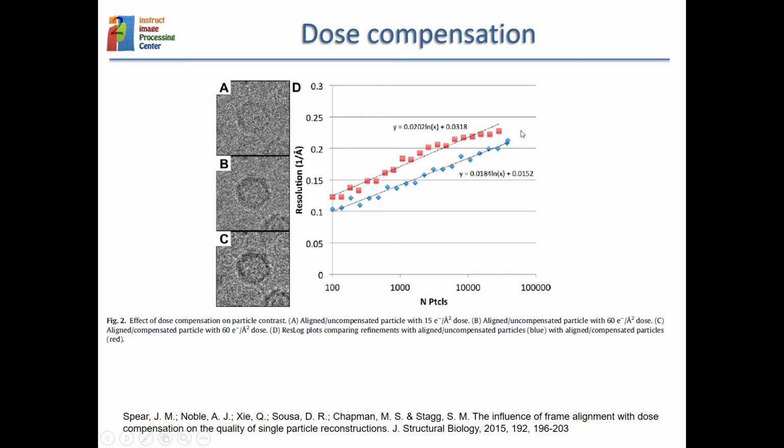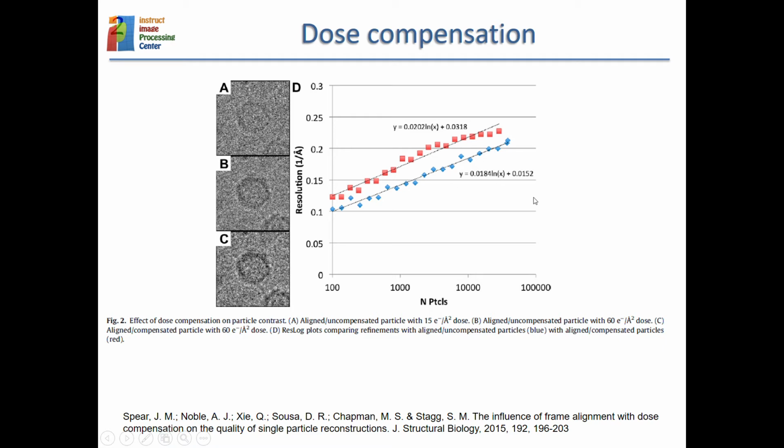Also, something interesting to point out is that the relationship between resolution and number of particles is not linear. You may look at this axis: it is in logarithmic scale, meaning that the resolution that you can achieve depends logarithmically on the number of particles.